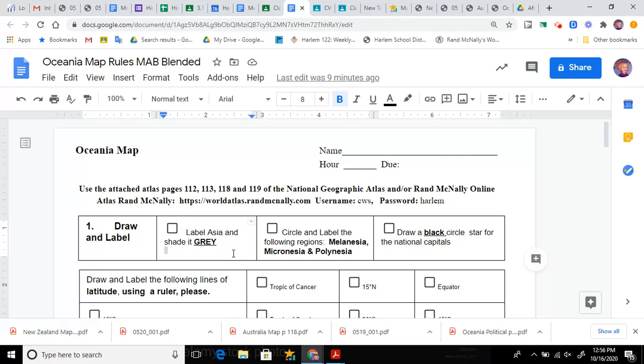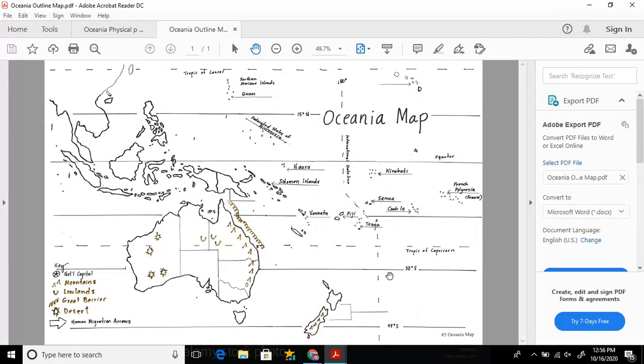What you're going to do first is shade gray all of the rest of Asia, so as not to confuse it with what our focus is of the map. So here's the outline map that you were given, and because we are in blended learning, all of these extra South Pacific islands are identified, and you will actually have a very limited number of countries that you have to identify.